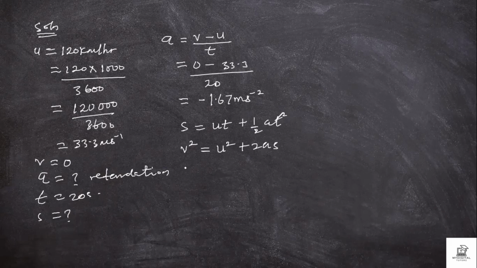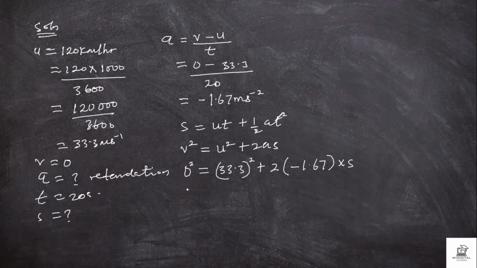v squared is going to be 0, right? 0 squared is equal to u squared, the initial velocity, which is 33.3 all squared, plus 2 multiplied by this a, which this time around is deceleration, minus 1.67, then multiplied by the s that we are looking for.